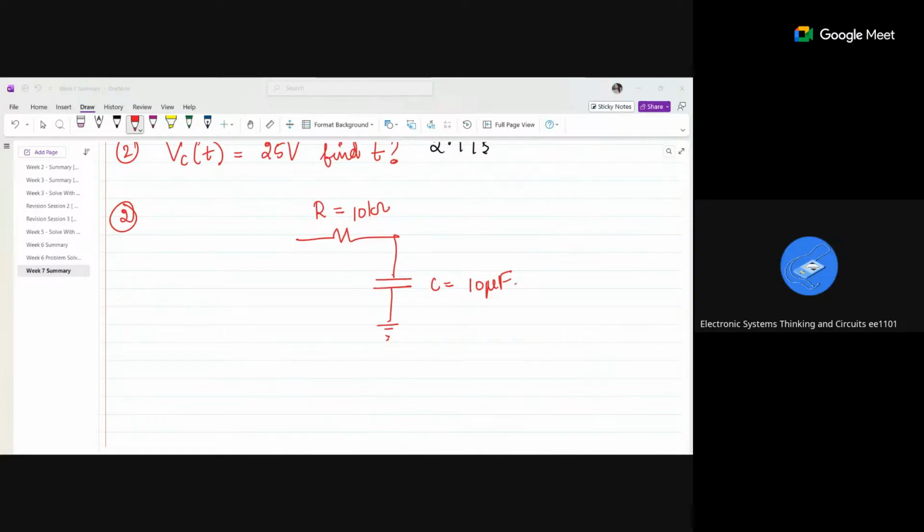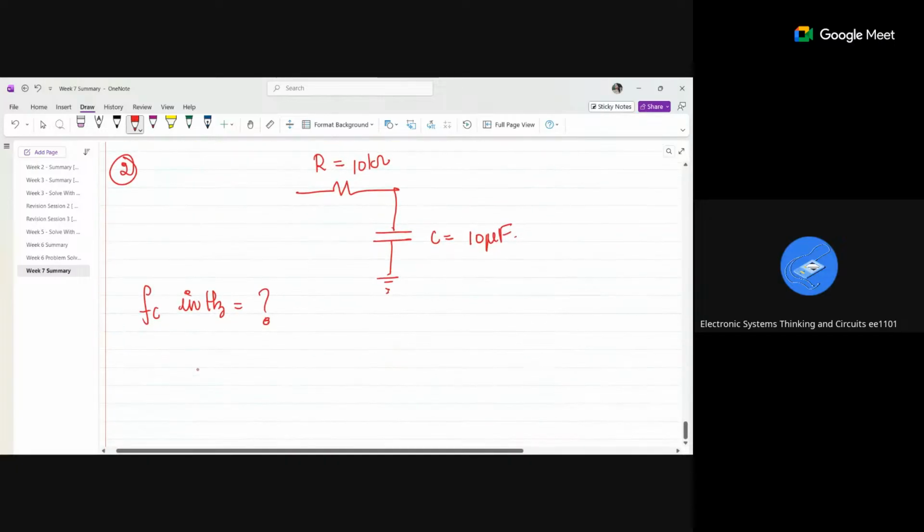First, you have to find the cutoff frequency in hertz. This is the first part.